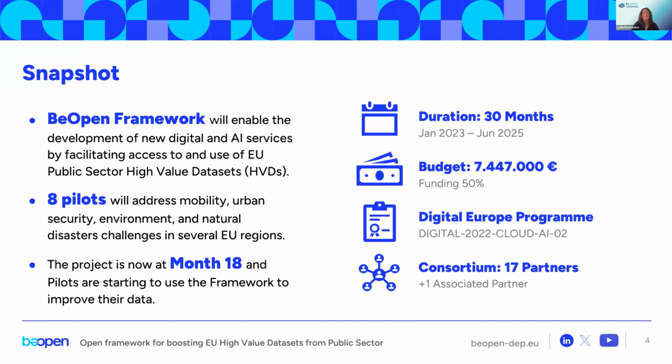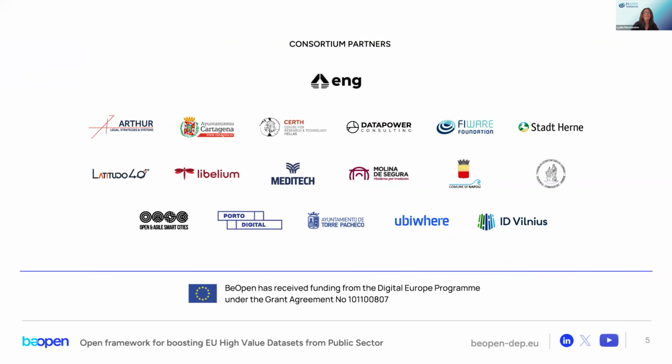It will be tested and validated in 8 pilots targeting mobility, urban security, environment, and natural disaster challenges. We are a bit more than halfway through the project, entering a very interesting phase where pilots are starting to use the framework to improve data access.